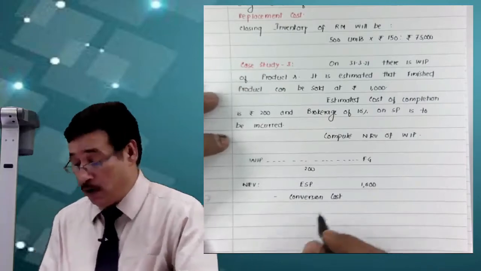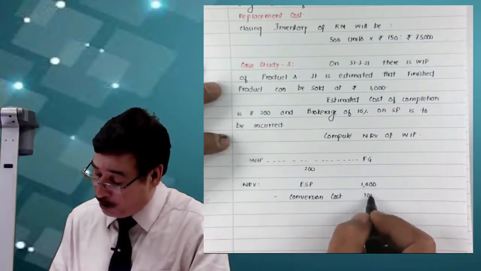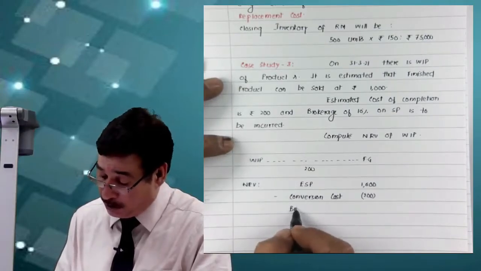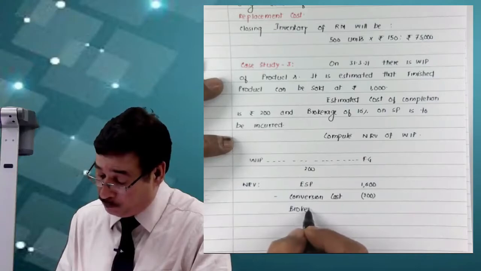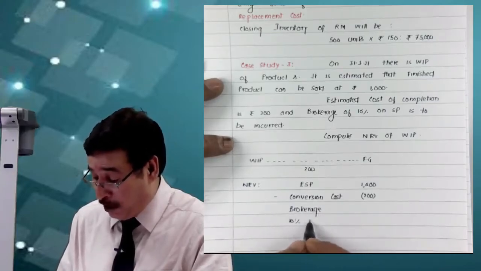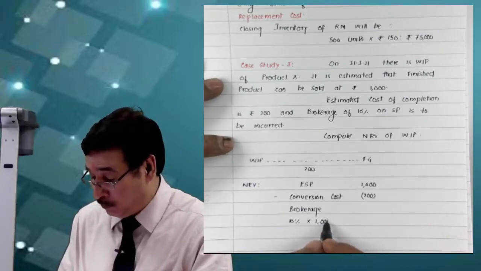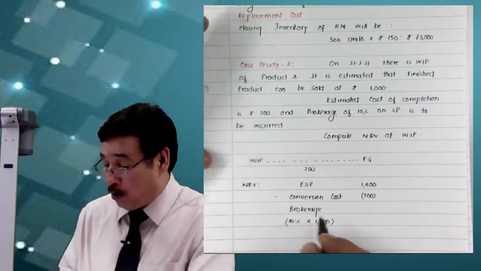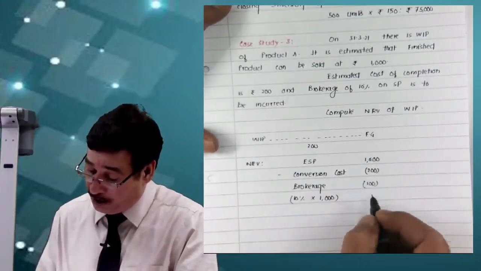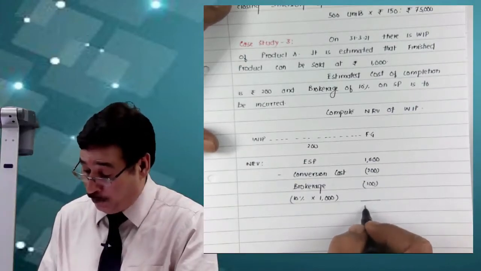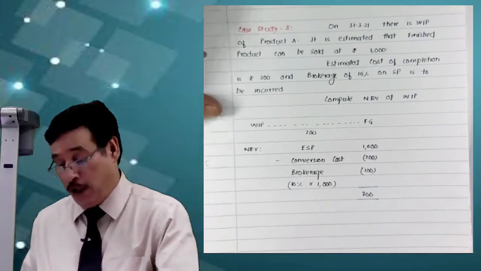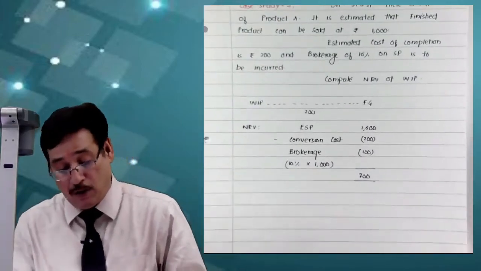Now conversion cost is 200, we are going to subtract 200 besides brokerage, because this is selling cost. Brokerage will be 10% of 1000. So 100 rupees further we may have to subtract. So NRV will be equal to how much? NRV will be equal to 700. Is it clear to you or not?